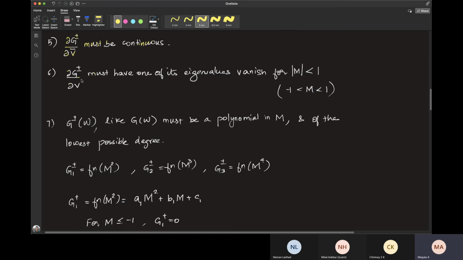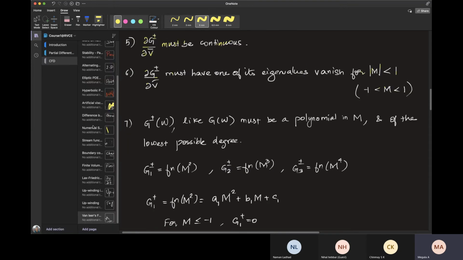Next, he makes sure dou G plus or minus by dou V bar, this is actually V bar, must have one of its eigenvalues vanish for mod M less than 1. Mod M less than 1 means subsonic flows, with Mach number between minus 1 and 1.